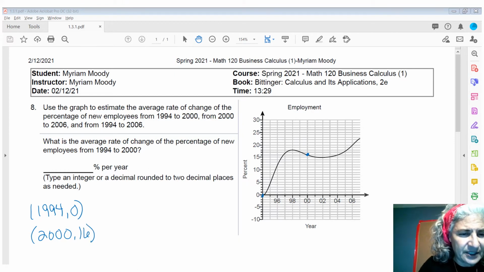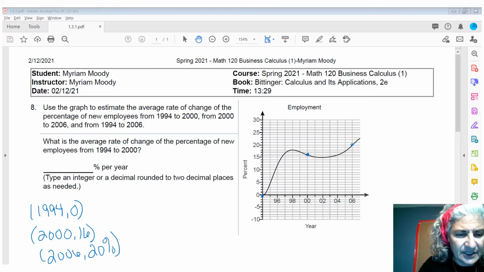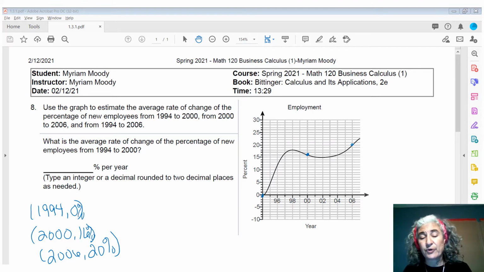And then we need the year 2006, which is this point here, and if we go across, it looks like it's at 20. Now, these are percentages. So let me stick my little percent sign in there because those are the y values, they're in percentages. So we need to find the average rate of change. Now, I don't have enough room on this paper, so I'm going to scoot us to a blank page so we can work.